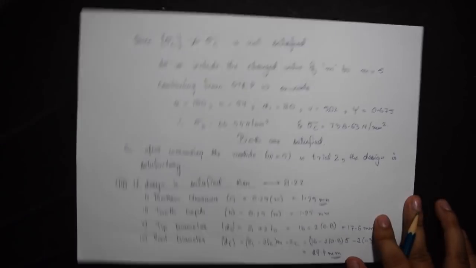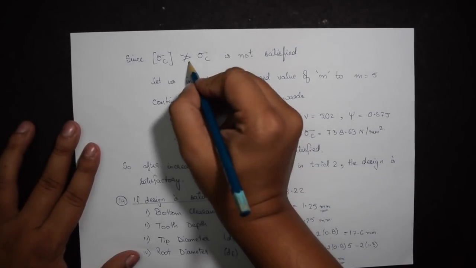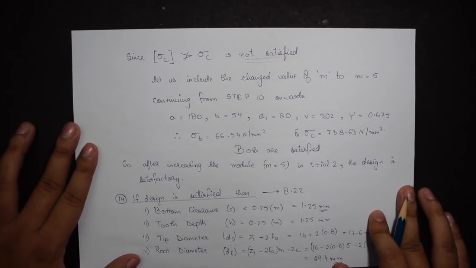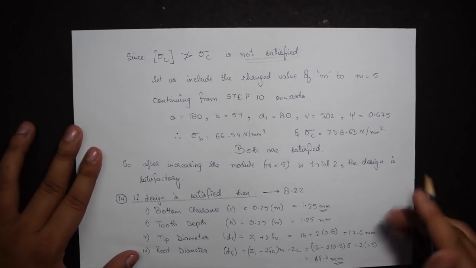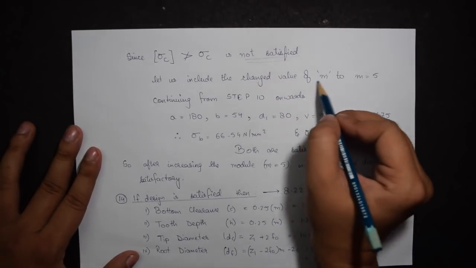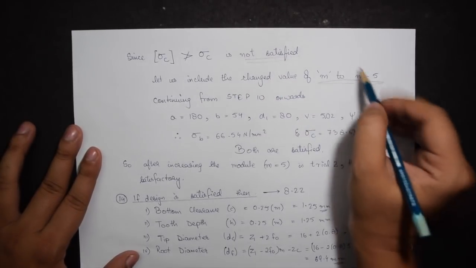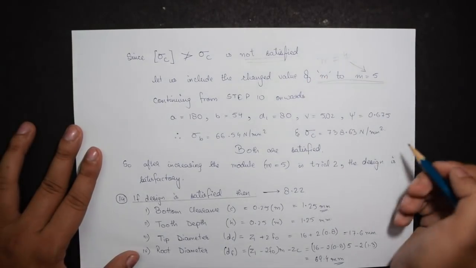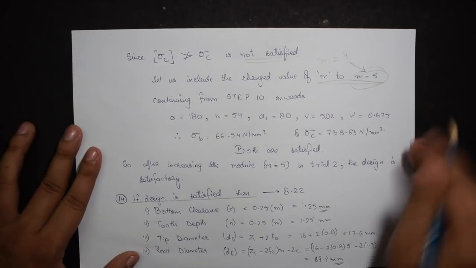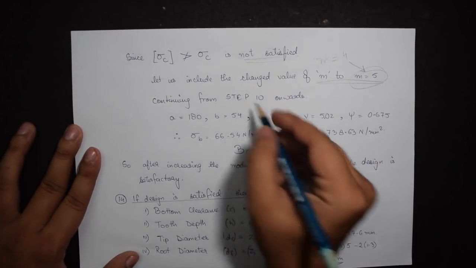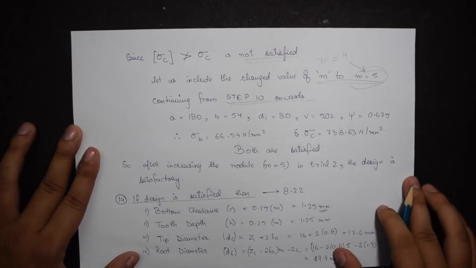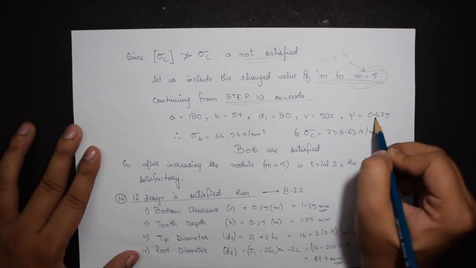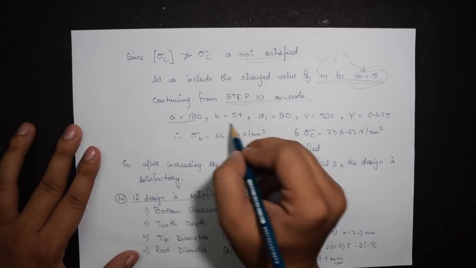Since my compressive strength condition was not satisfied, I can do 3 things over here. One of the options would be increasing the value of m from 4 to 5. So if I choose the value of m is equal to 5 and continuing from step 10 onwards only, my values for a, b, d1, v and psi change like this.